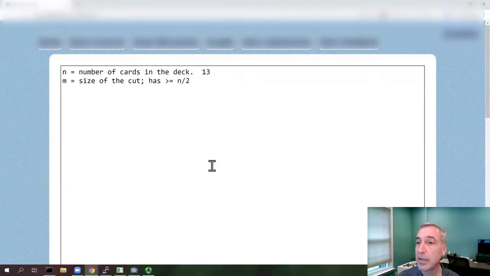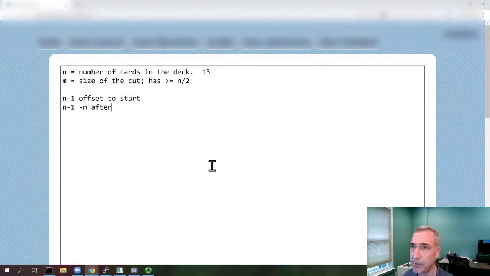Okay? So when we start the card trick, the card of choice is at position offset n-1. Now, once we take m cards off the deck, now it's at n-1 minus m, because it just got moved closer to the front of the deck.